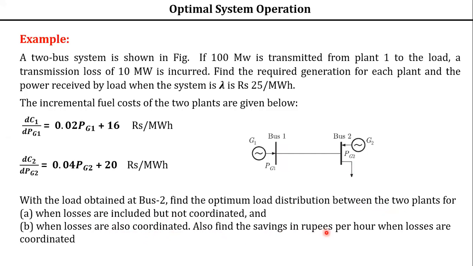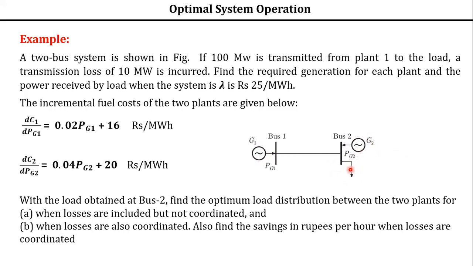Now here you see there are three questions. The first question is: find the required generation for each plant and the power received by the load. That means what is the generation at G1, what is the generation at G2, and what is the power received by this load?